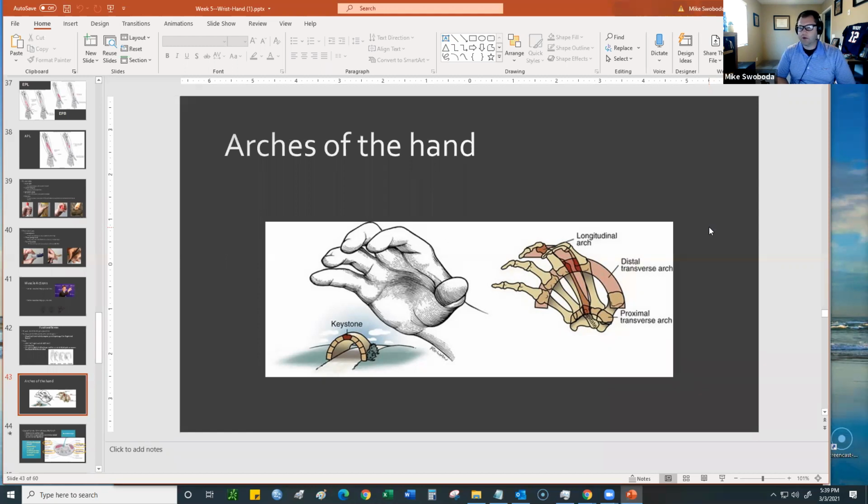Sorry, don't all yell out at once. The foundation. Yeah, absolutely. So your feet are your foundation. So the arches in your feet definitely play a role in a whole lot of mechanical and health issues. Arches in your hand, not so much.